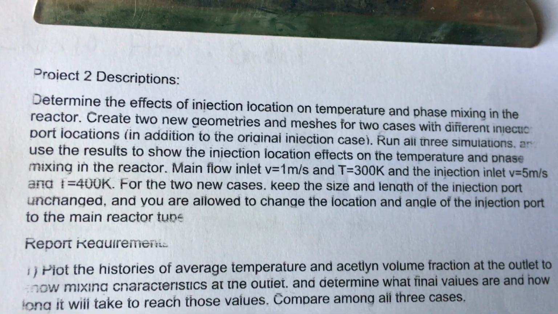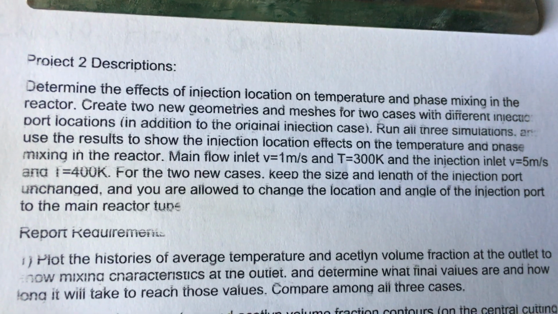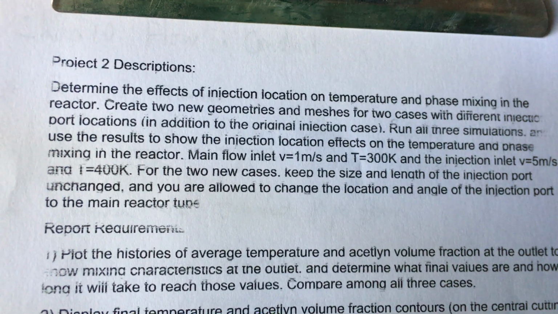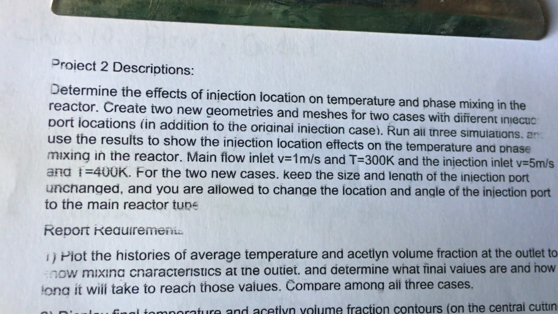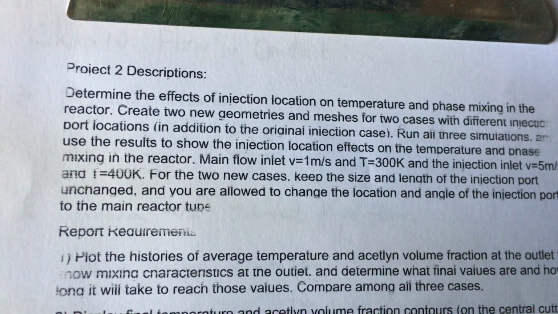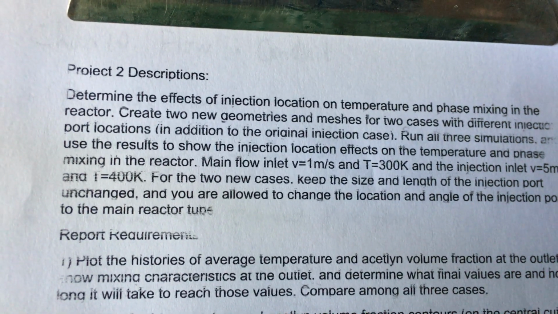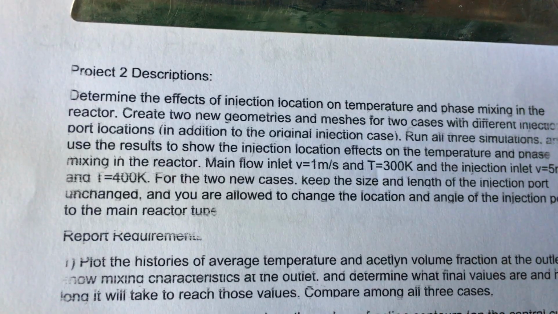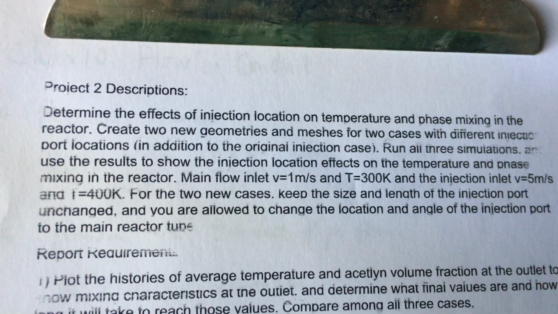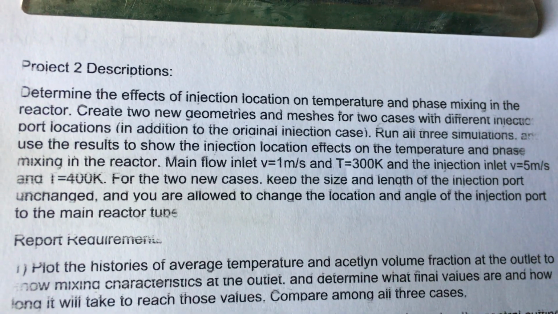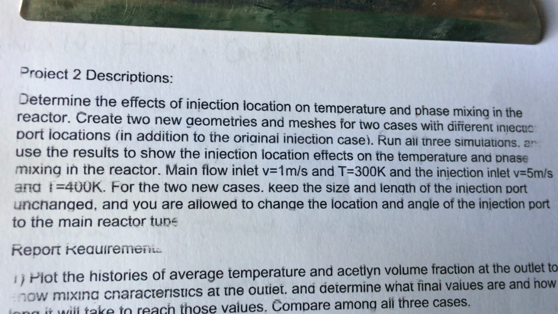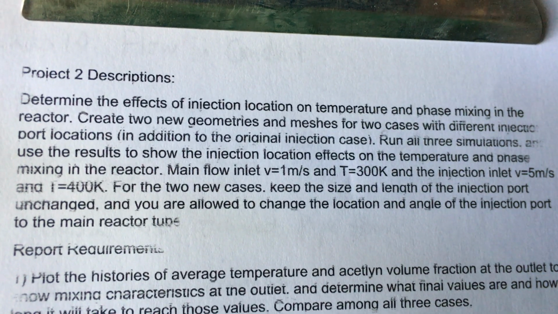The boundary conditions include the flow boundary condition, which is velocity, as well as the temperature boundary condition. The ethylene in the main flow and the acetylene in the injected flow have different temperatures. The temperature of the main flow is 300 K and the velocity is 1 meter per second.